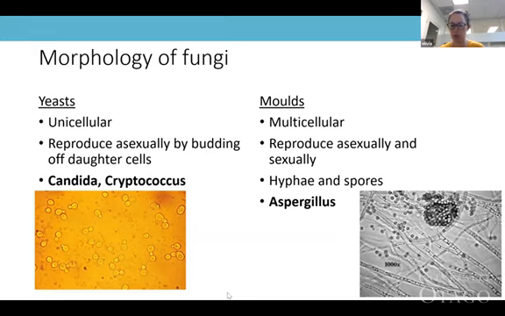Whereas when you've got a mold, you've got these long line-ups of cells, and you can see the little divisions, these little lines, and those are the individual cells, and then they branch off at different angles. And then you can see these dots, which are the spores, so the hyphae are in long tangled lines, and then they go up and have a bunch of spores at the top, or a sporangium.